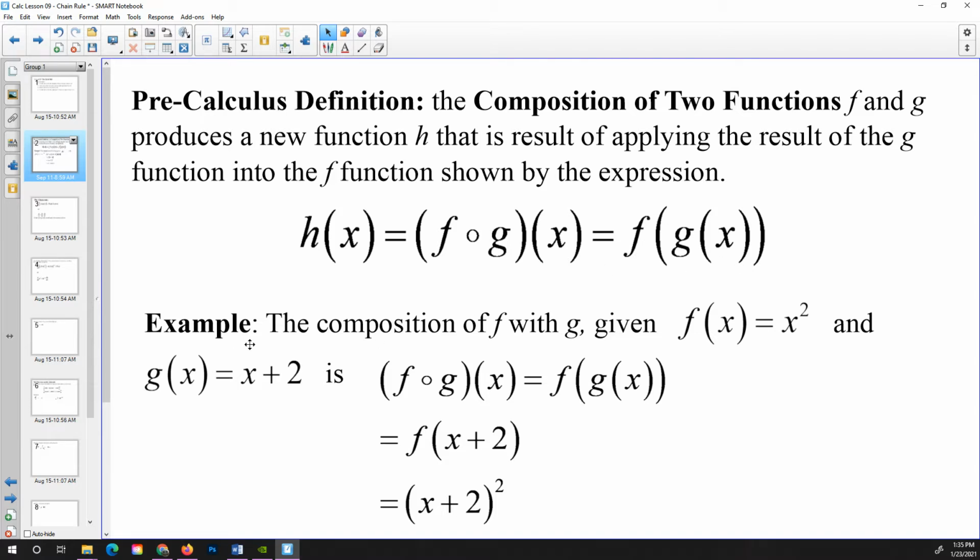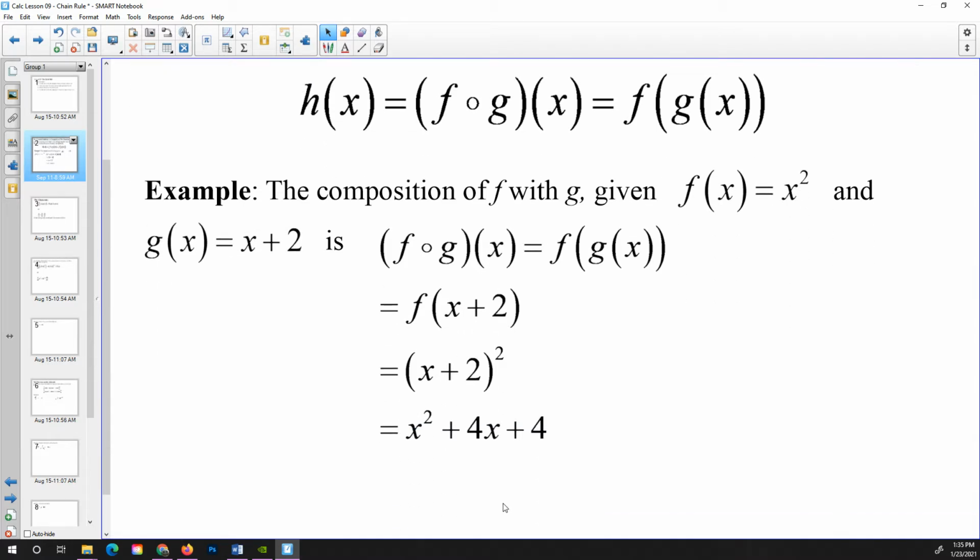As a quick example, the composition of f with g, given that f of x is x squared and g of x is equal to x plus 2, f composed with g of x is equal to f of g of x. And so I take that g function and I plug the expression that is the g function into f. And then since the f function is squared, we're going to take this x plus 2, we're going to square it, and then we're going to distribute to get x squared plus 4x plus 4.